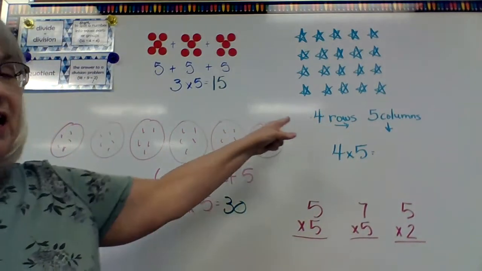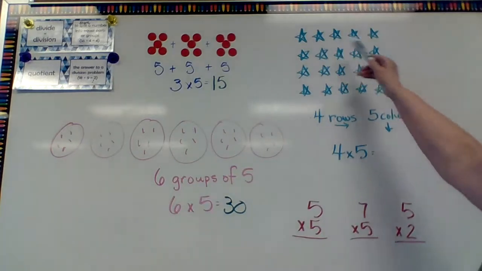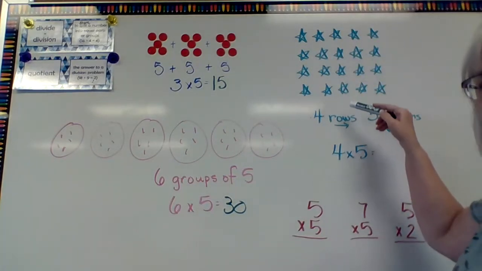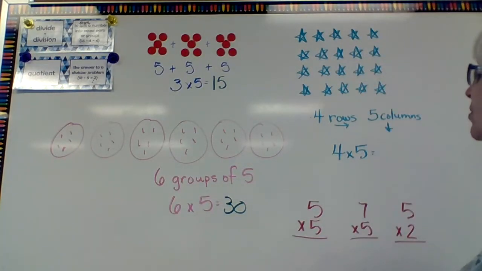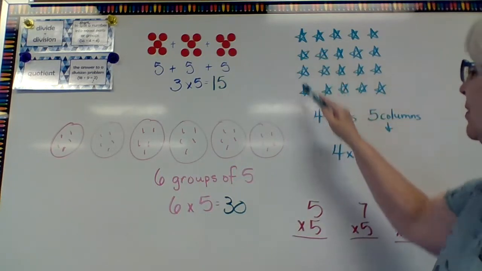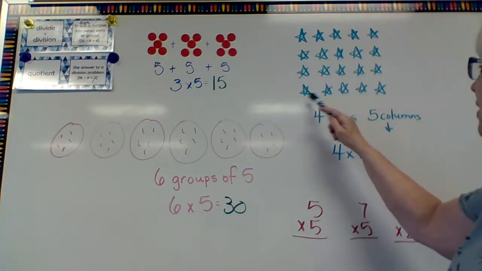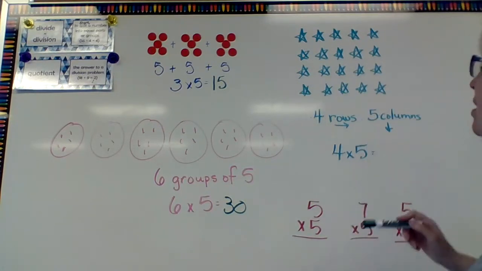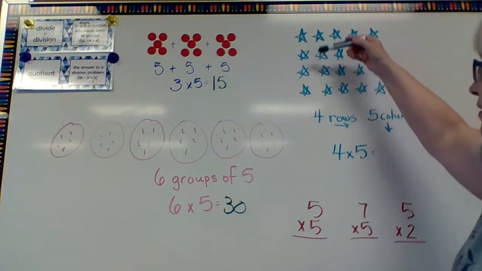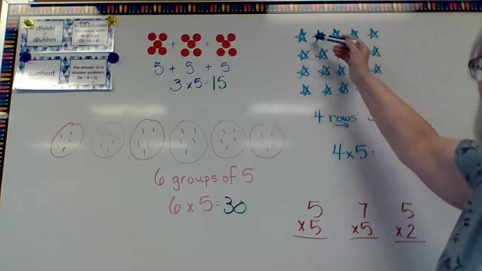All right, then on the other side where the stars are, this is an array. Remember, an array has straight rows and columns. It also shows us how to multiply. When we do an array, we count the rows first. Remember, the rows are horizontal. 1, 2, 3, 4. 4 rows. Columns are going down, or we can even just think of how many in the first row.